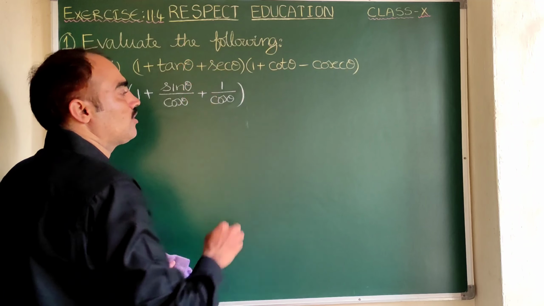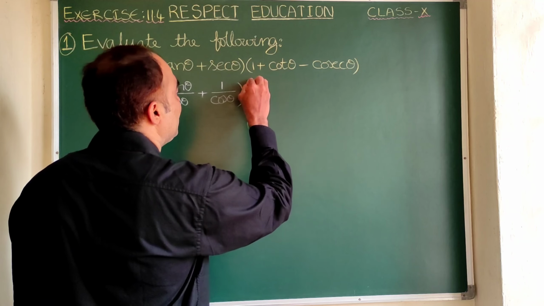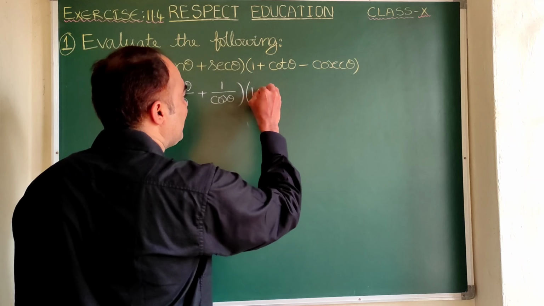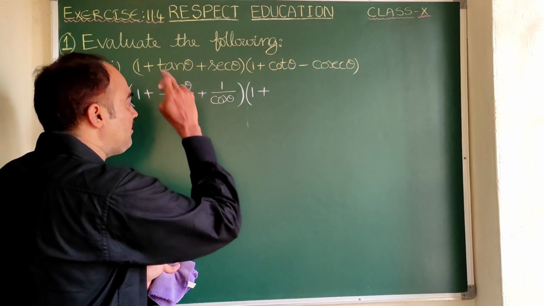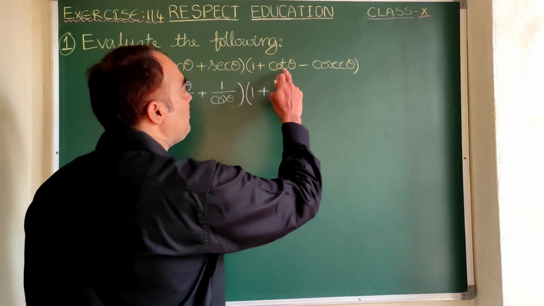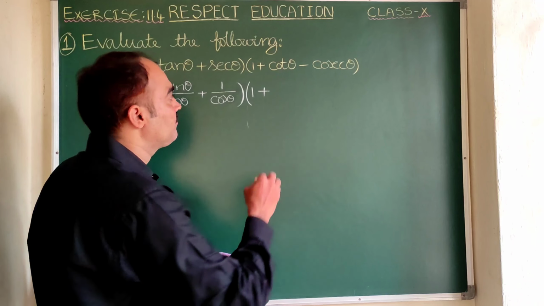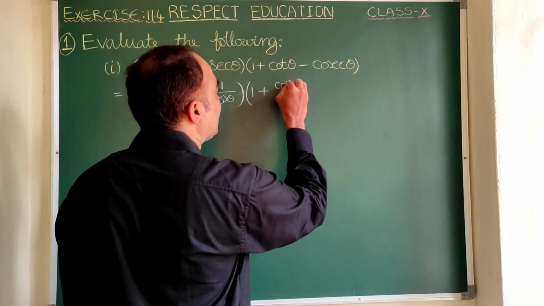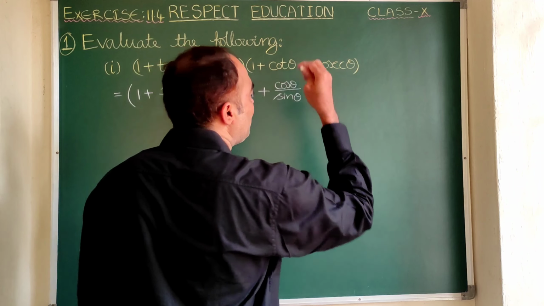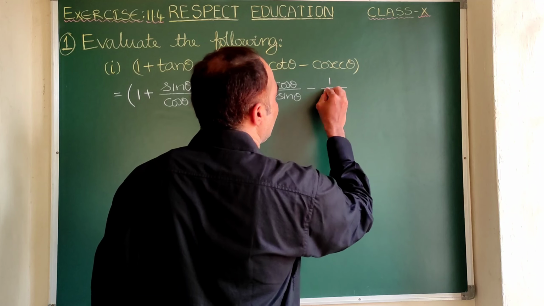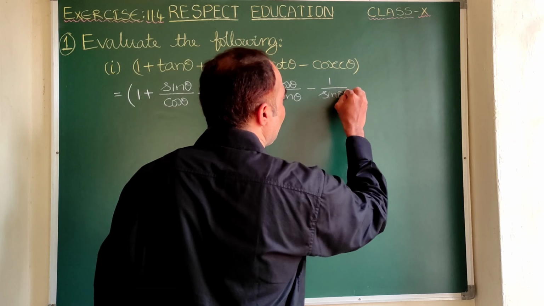So these are reciprocal formulas. Into, let us write this one as it is, and if tan theta is sin theta by cos theta, then cot theta is cos theta by sin theta. Similarly, 1 by cosecant theta is 1 by sin theta.